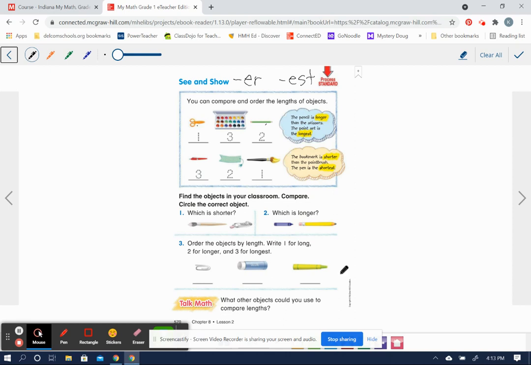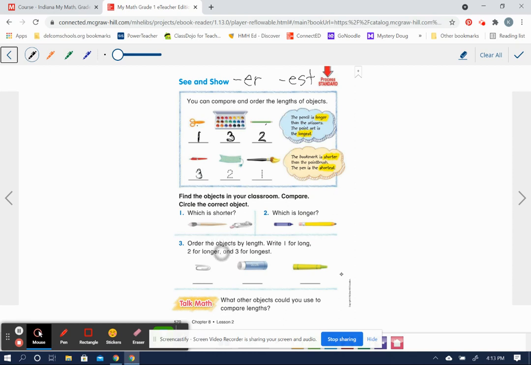Okay, so since it's the longest, we're going to trace this 3 here. Longest has a number 3, and then the pencil is longer than the scissors, so it has a 2, and then the scissors is just a 1. Now if we compare these three items, it says the bookmark is shorter than the paintbrush, and the pen is the shortest.